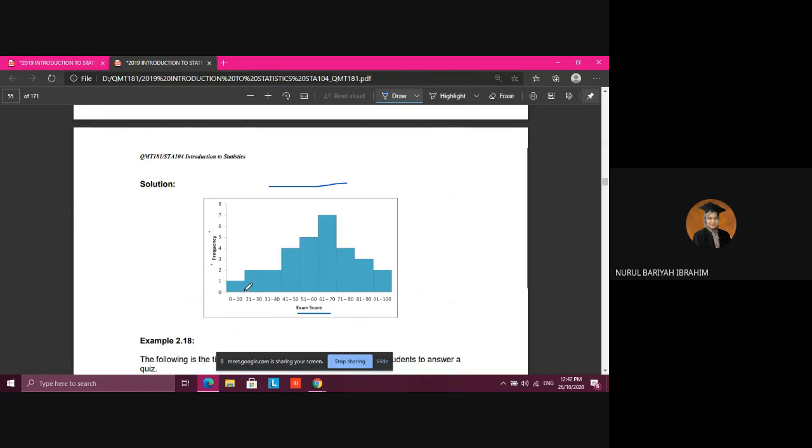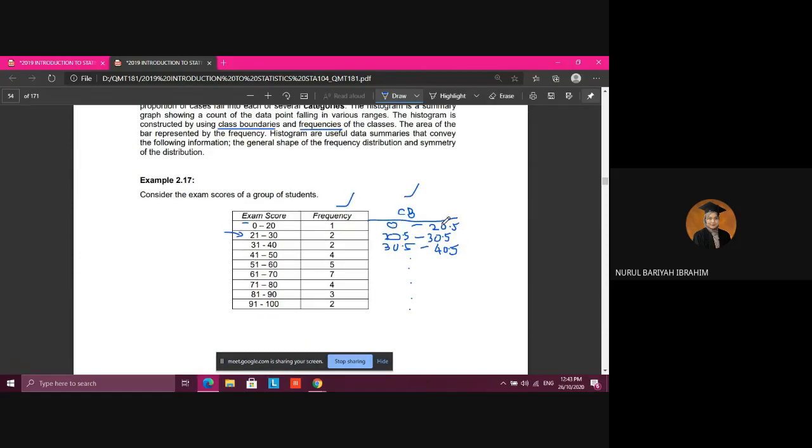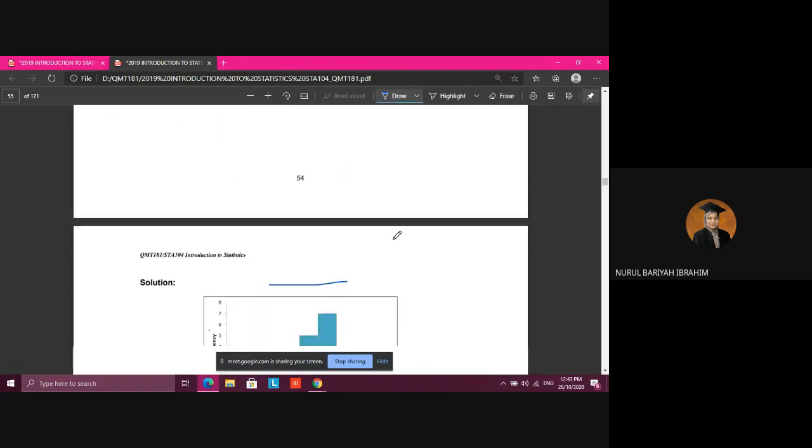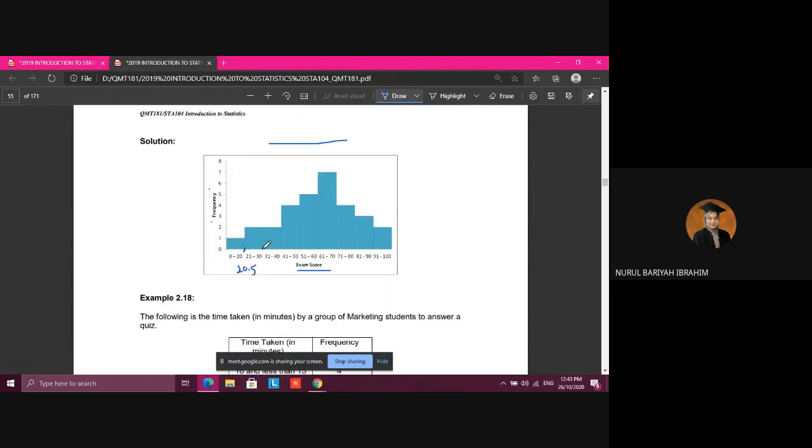Okay, so dekat sini, kena tandakan di sini adalah 20.5 tadi, betul tak? Dia punya class boundaries. Okay, the first class tadi 0 until 20.5 here. And then 20.5, nampak tak? The next bar should be 20.5 sehingga 30.5. So di sini 30.5.